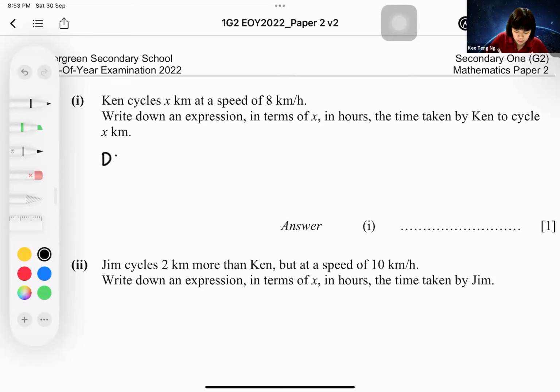So I'll put D, S, and T. Distance is X kilometer, speed 8 kilometers per hour. Can you tell me how to find the time taken? Time equals to, how to find time?